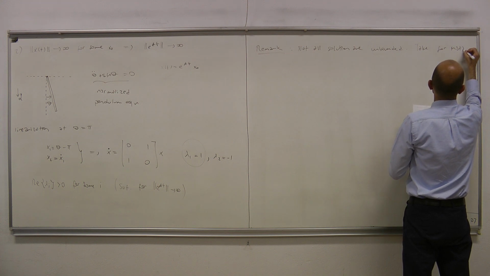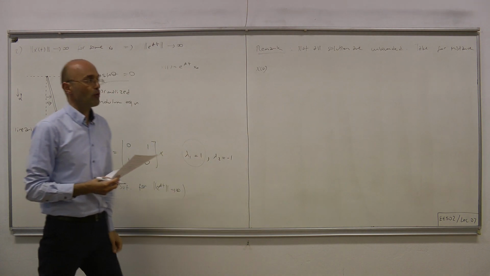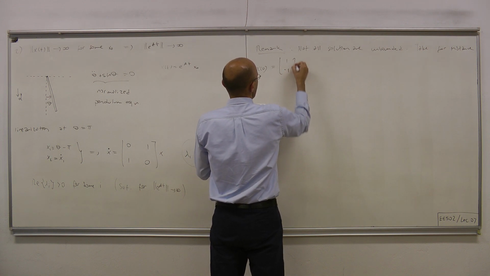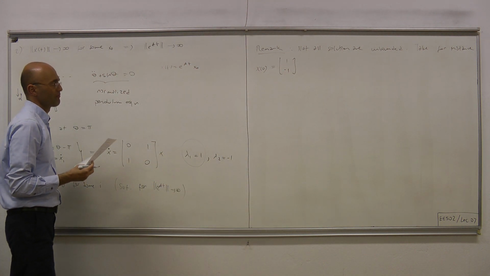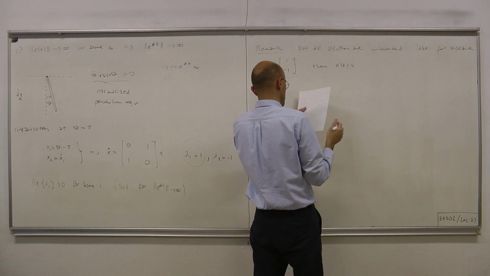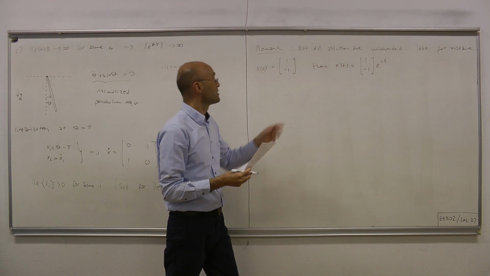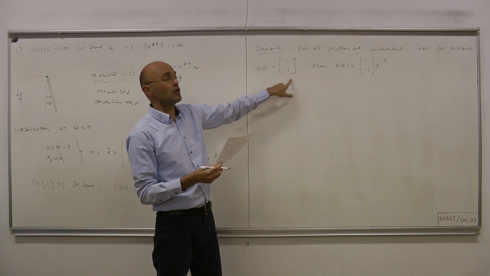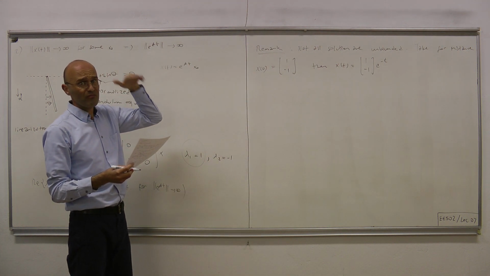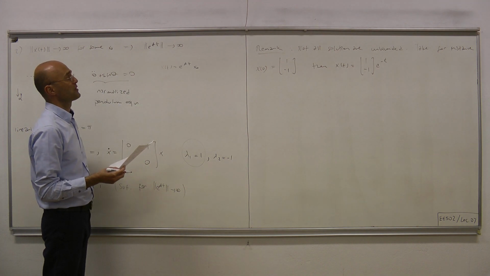For instance, let's start our system from the initial condition x0 equals [1, -1]. Then the solution turns out to equal [1, -1] e to the minus t. That is, if you start your system from this initial condition, x of t not only remains bounded, but it's also converging to 0, despite the fact that e to the At, the state transition matrix, is exploding.